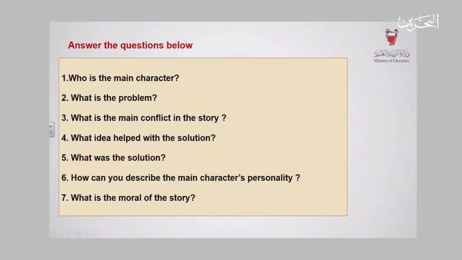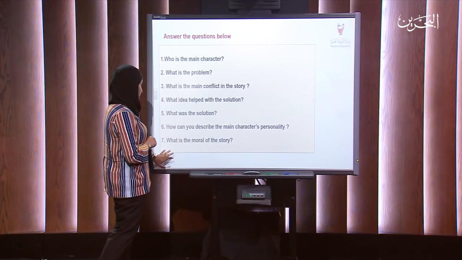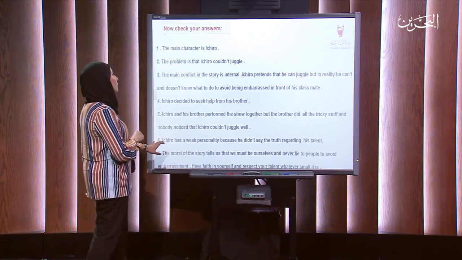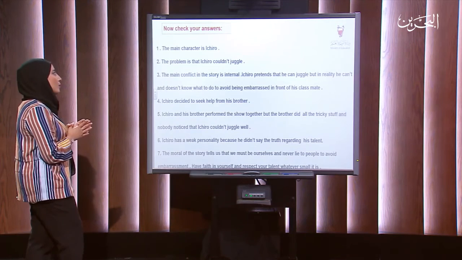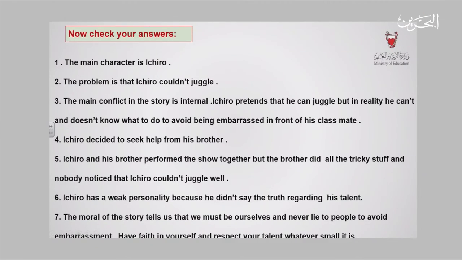Now, let's check your answers all together. The main character is Orcho. The problem is that Orcho could not juggle. The main conflict in the story is internal. Internal, that means Orcho pretends that he can juggle, but in reality he can't, and he doesn't know what to do to avoid being embarrassed in front of the class or in front of his classmates.